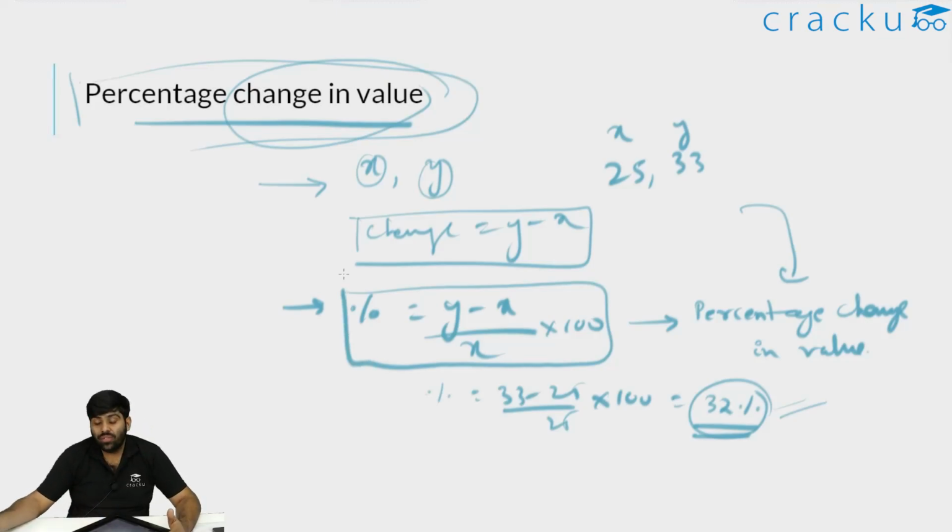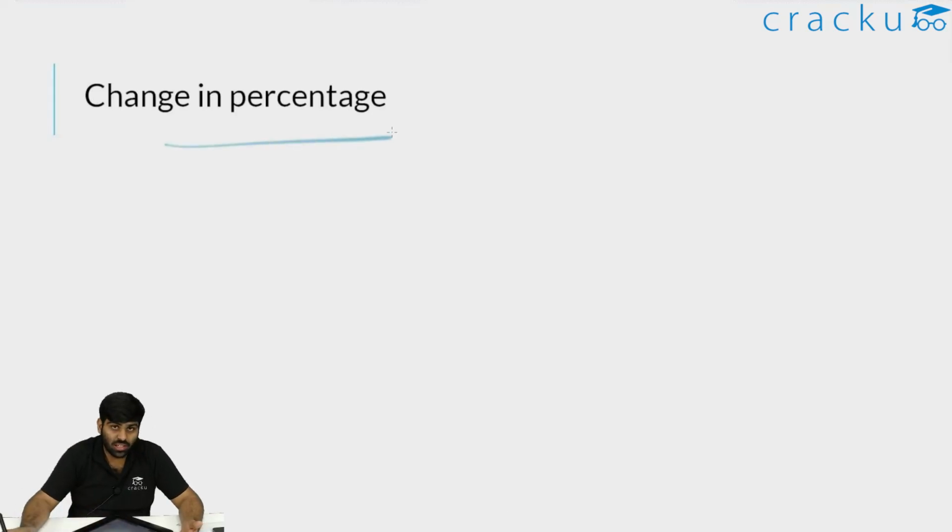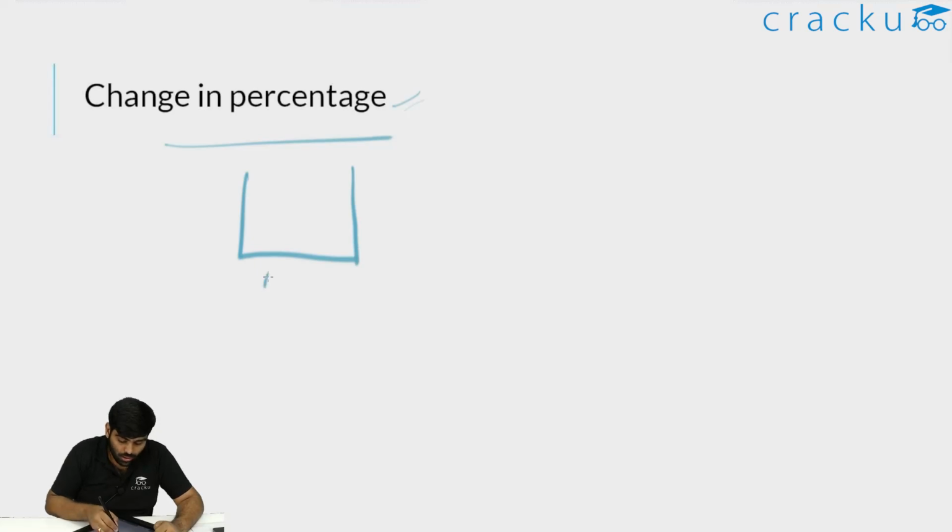Now let's see how this is different from change in percentage. Let me explain what is change in percentage, and why it is different from percentage change in value. Two terms, change in percentage and percentage change in value. So change in percentage is nothing but, let's take an example where there is 100 ml of solution, let's say milk and water for simplicity.